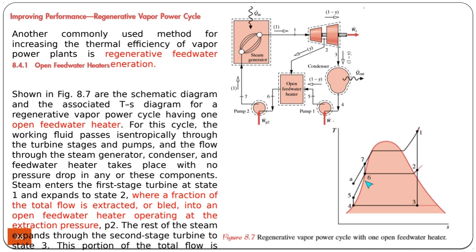So the combination of them, meaning that the liquid 5, which is the exit of the pump, and the steam, which is taken from the intermediate stage of the turbine, is mixed together to obtain 6. So this is the mixture.